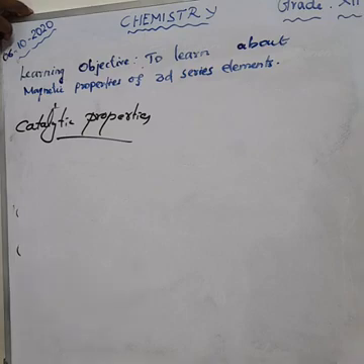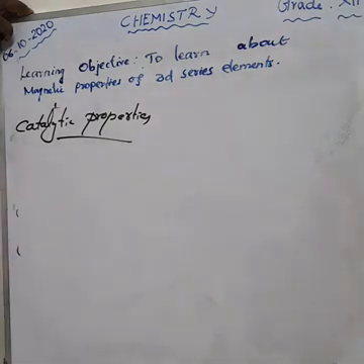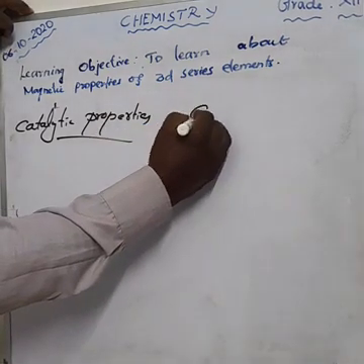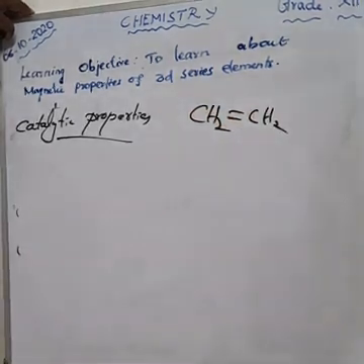For example, one reaction we are taking is alkene converted into alkane. What is the formula for alkene? CH2 double bond CH2, am I right? We are taking alkene.